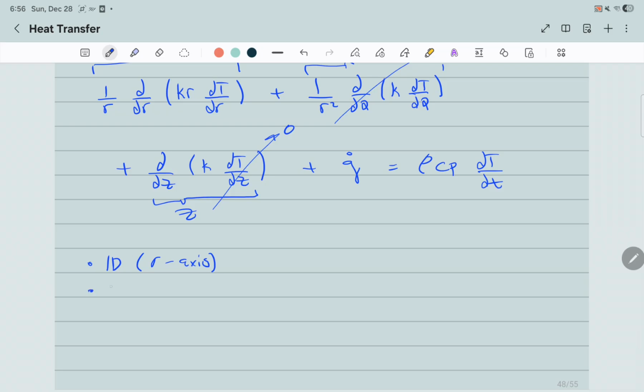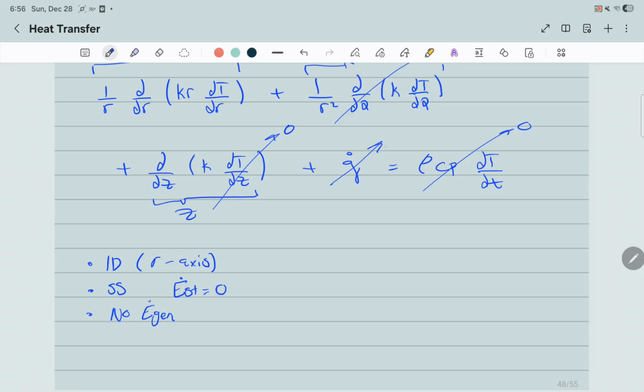The second assumption is that it's taking place in steady state, meaning that the energy stored equals 0. Therefore, this term here is 0. The third assumption is that there's no energy being generated.